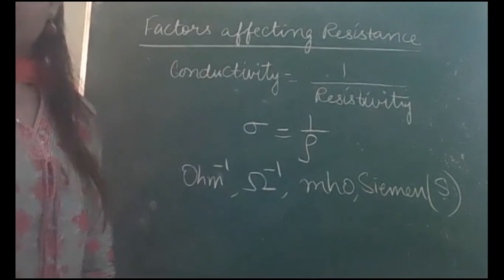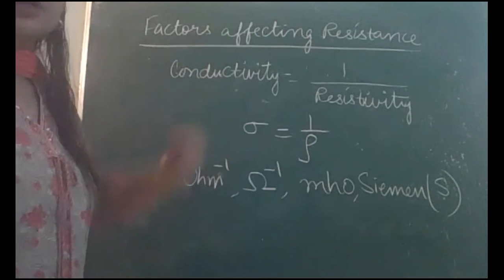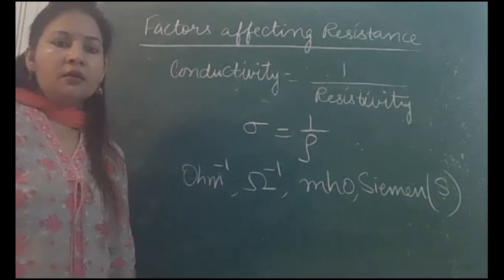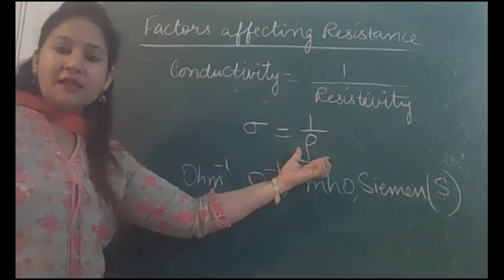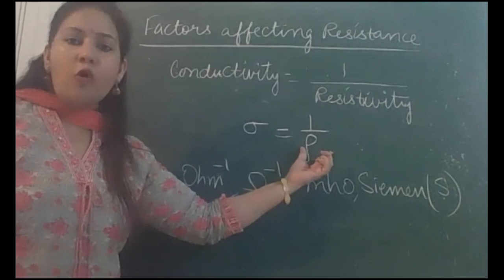Fine. Now, who will tell me the unit of conductivity? 1 over the unit of resistivity. Unit of resistivity is ohm meter.